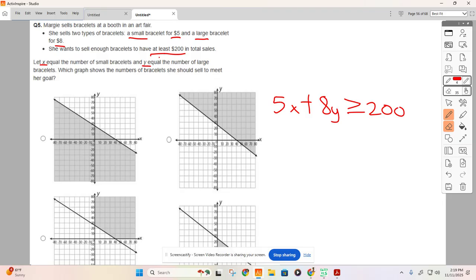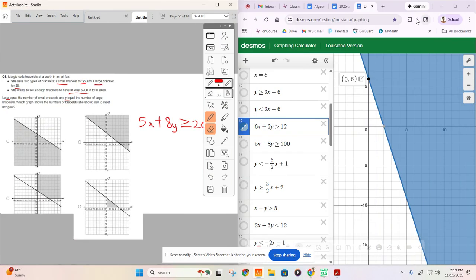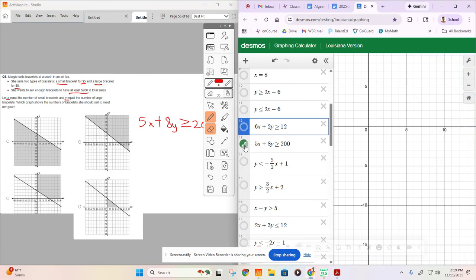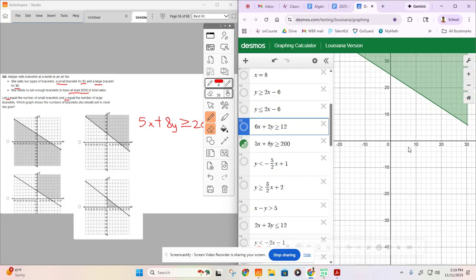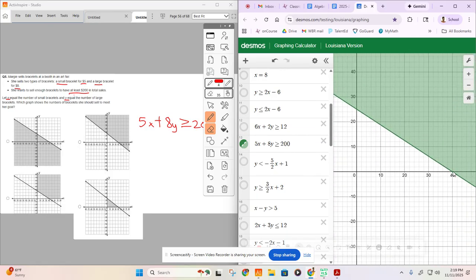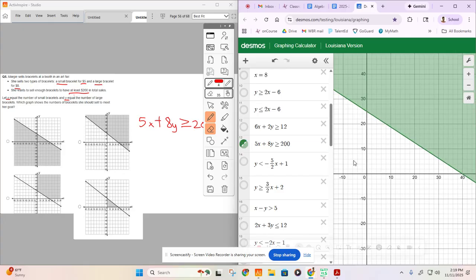This one is really tricky, but once you get it graphed, I want you to see that it's going through the 0, 25, and I want you to notice that my graph in Desmos goes all the way across like option B. Option B is wrong.